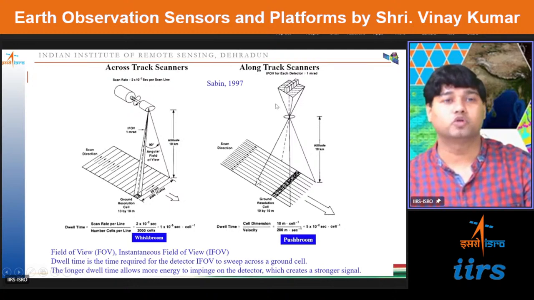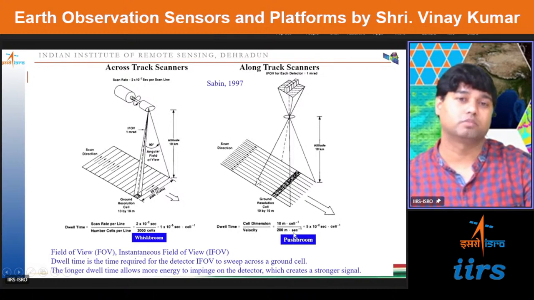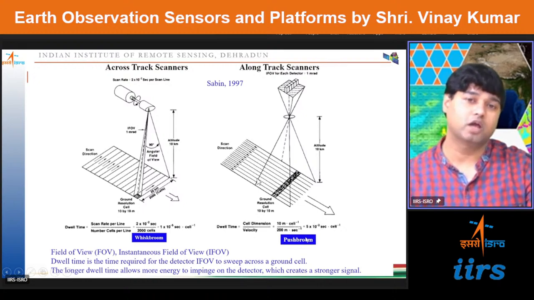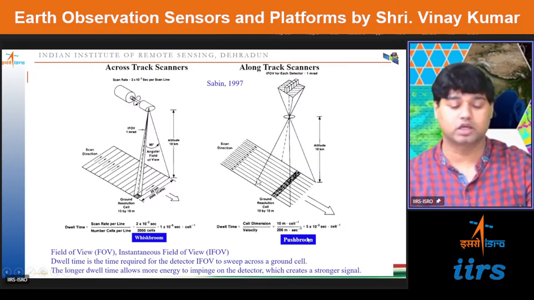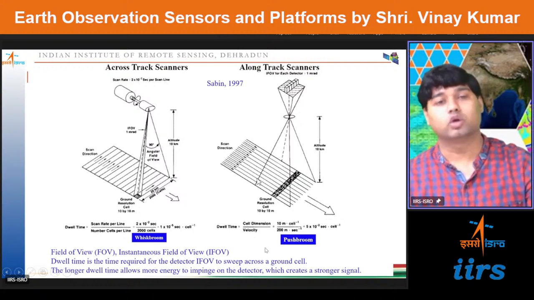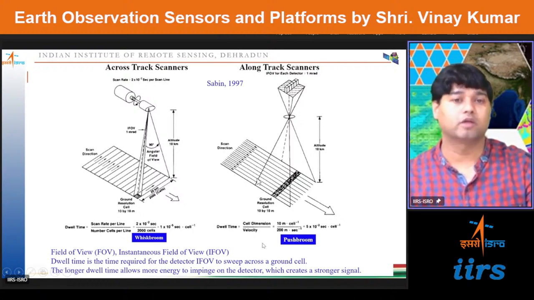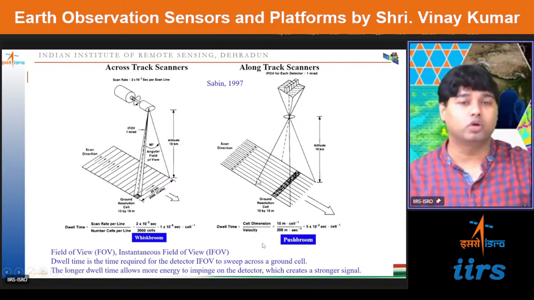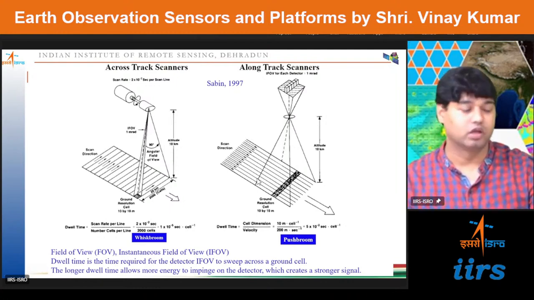In case of the push broom scanner, you can see the satellite is moving with a speed of 200 meter per second. Cell dimension is 10 meter per cell. When we calculate it, it is coming as 5 x 10^-2 seconds. So if you have a longer dwell time, it means you are allowing more energy to be received by the sensor.